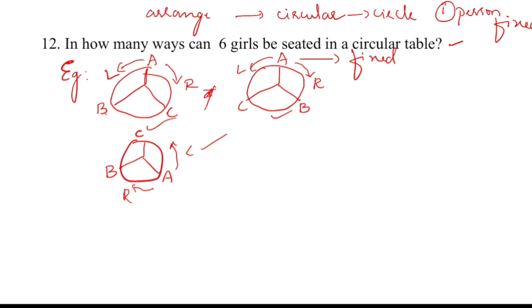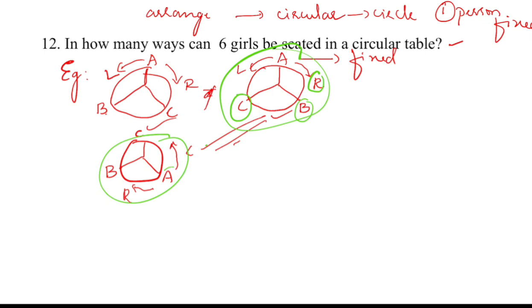Now when you see, these two are the same. See here, this and this arrangement are the same, because to the left side of A, C is here, and to the right B, and here also to the left side C is there and to the right B is there. So these two are the same arrangements.